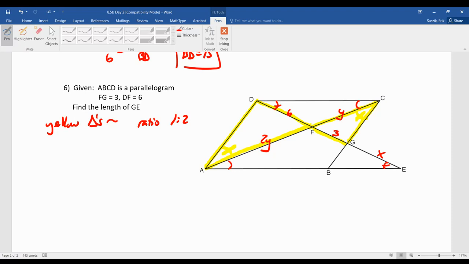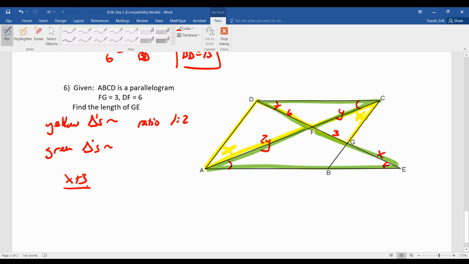Now we also have more similar triangles. We have this one here, similar to this big one here, because of the angle. And 6 corresponds to x plus 3, so you have green triangles similar as well.